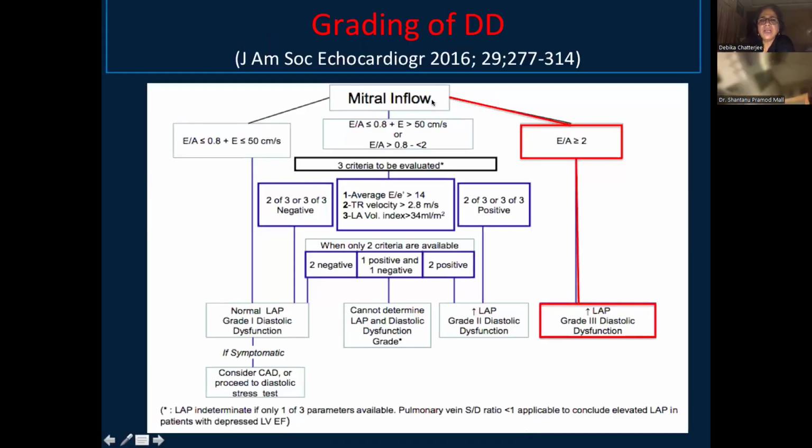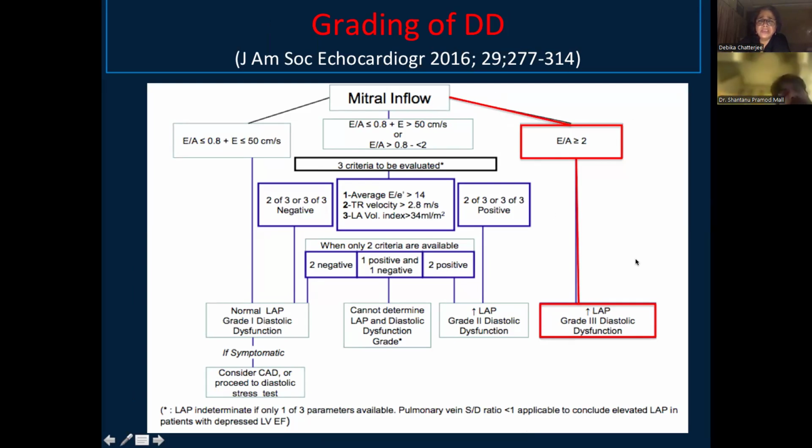Now let us look at the extreme right arm of the flow chart, where E by A ratio, if more than or equal to 2, you can straight tell that it is a grade 3 diastolic dysfunction with raised LA pressure.